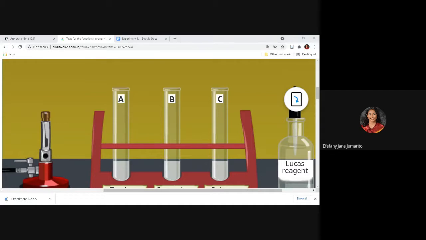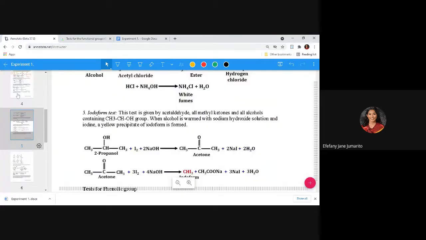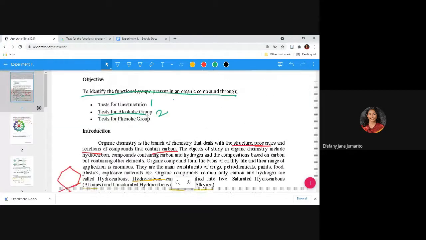We have only achieved objective 1 and objective 2. We will do objective 3 next session. So that's all for today.